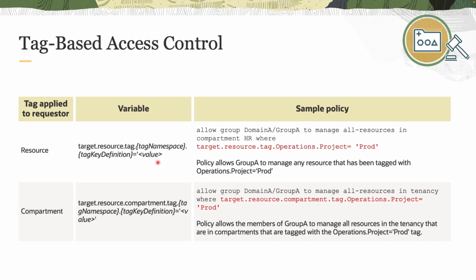And if you see the example, it allows users of group A to manage all the resources in compartment HR only if target resources are tagged with key operation.project and value is set to prod. And if you look at the second example, we have tagged the target compartment. So this is how we can use the variables when we are applying the access control on the target resource or on the target compartment.